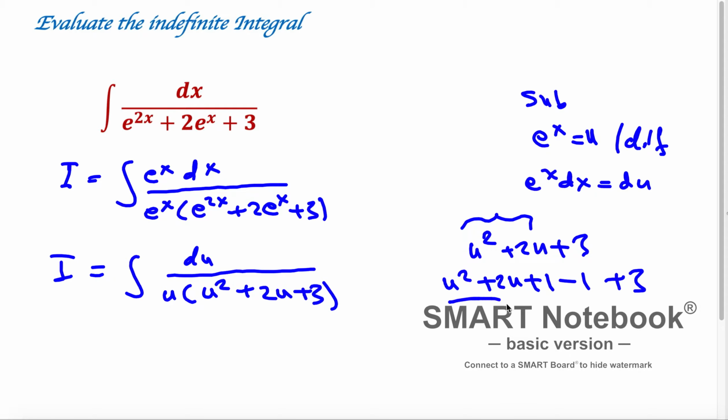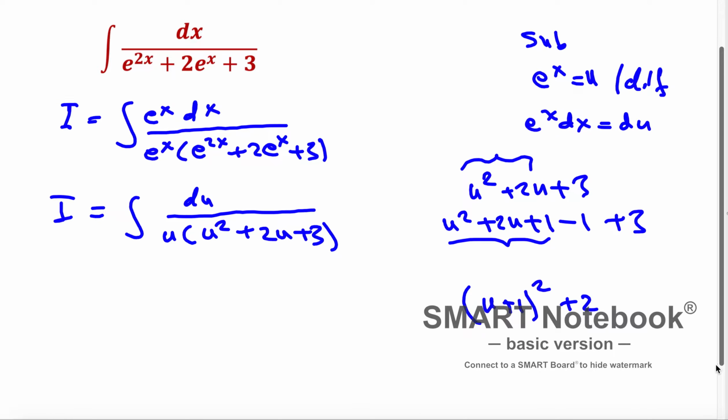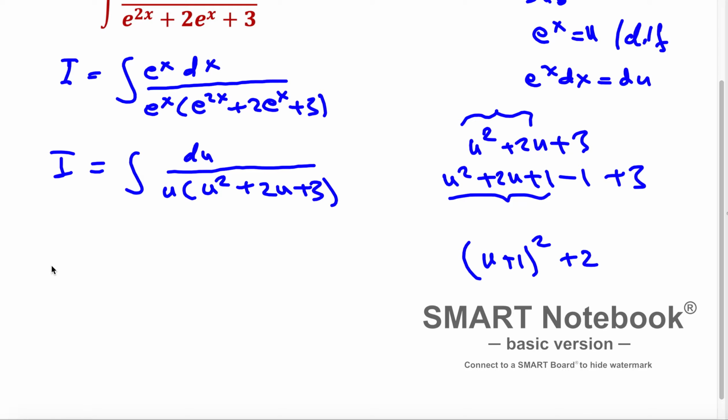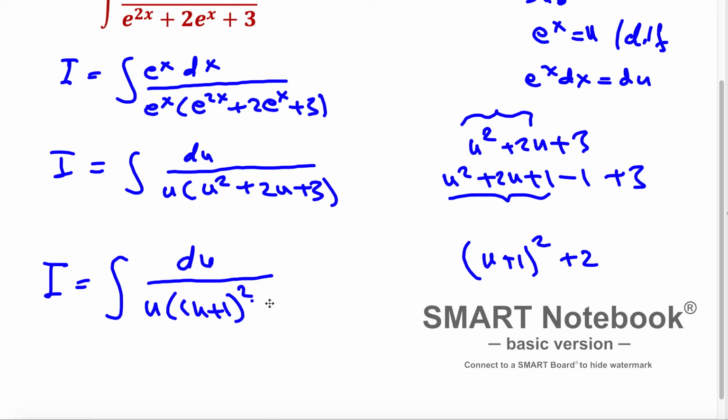Now this part is going to be u plus 1 squared, and minus 1 plus 3 is plus 2. I'm going to substitute this expression instead of this quadratic expression, and the integral is going to look this way: u times u plus 1 squared plus 2. That's how it's going to look.